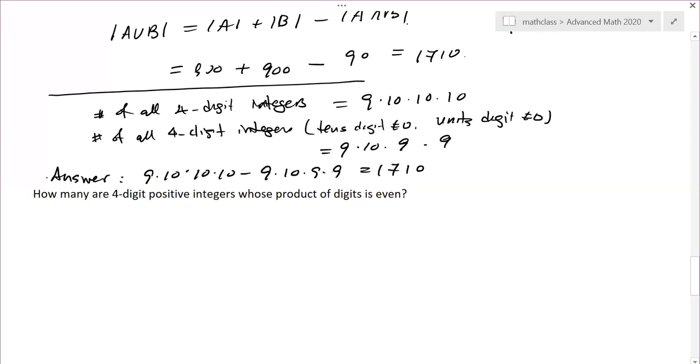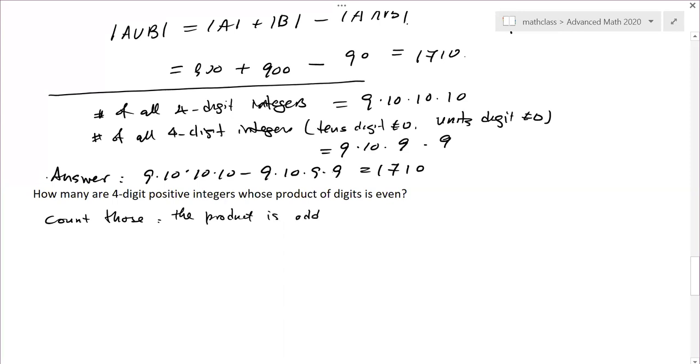Okay. I think the first step is to count those whose product of digits is odd, because it's easy.